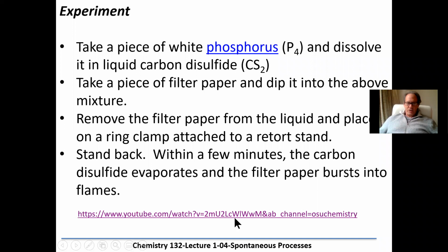If you wanted to go and search that yourself, I show you the YouTube location. Okay, so initially what happened was the CS2 kind of evaporated, and it was heavier than air, so it was sinking in that graduated cylinder.